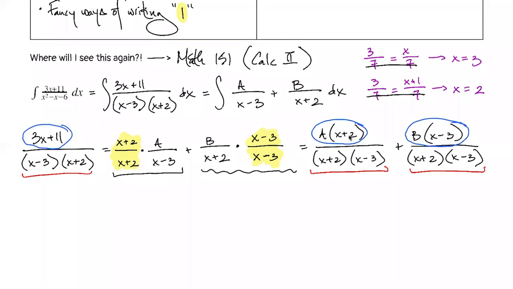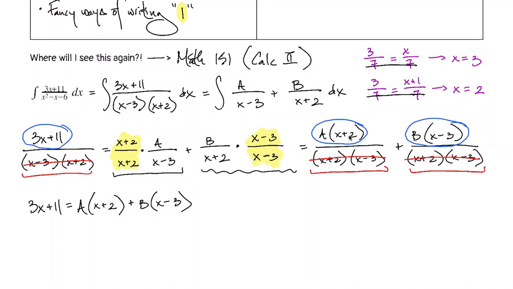Once we've made the denominators the same, we have the freedom to get rid of them, and all we're left with is a smaller equation that just deals with the numerator: 3x plus 11 equals A times x plus 2 plus B times x minus 3.